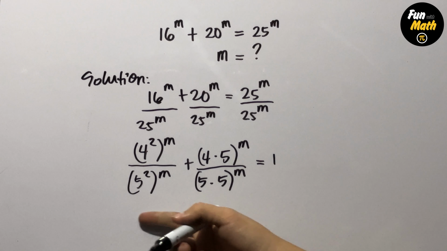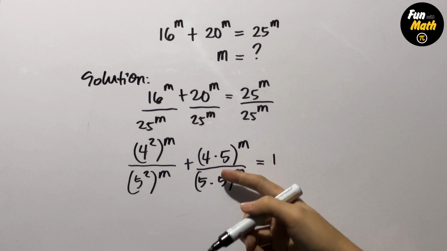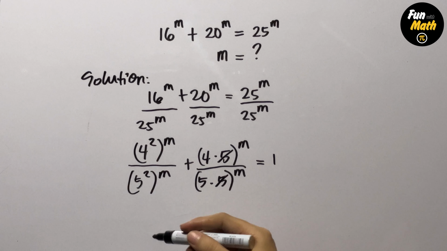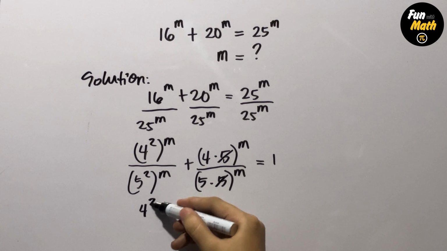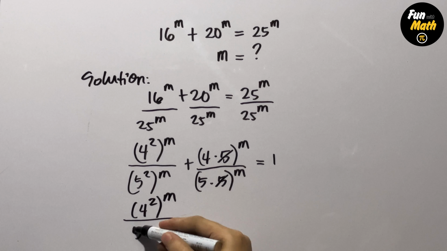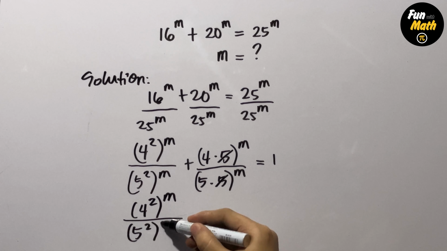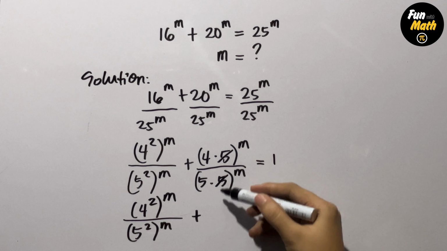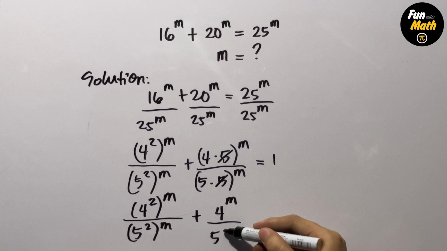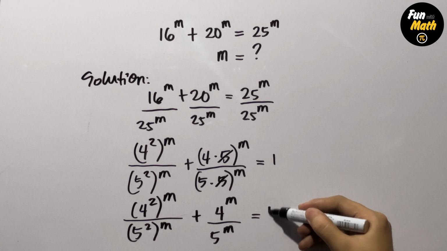Then this 5 over 5, we can cancel. So now we have 4 squared whole to the power of m over 5 squared whole to the power of m plus 4 to the power of m over 5 to the power of m equals 1.